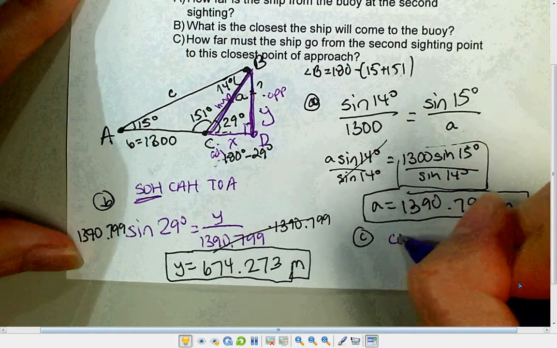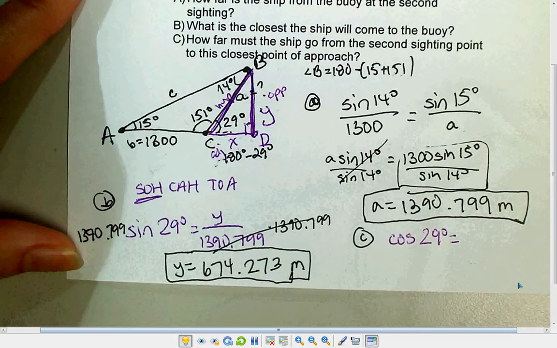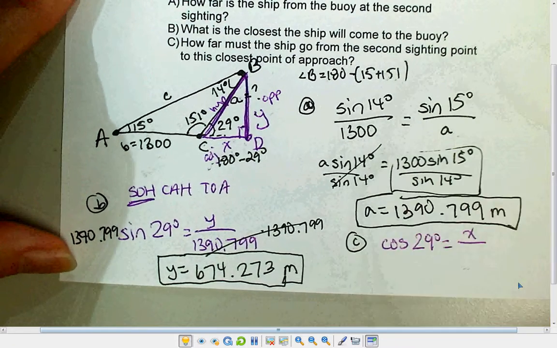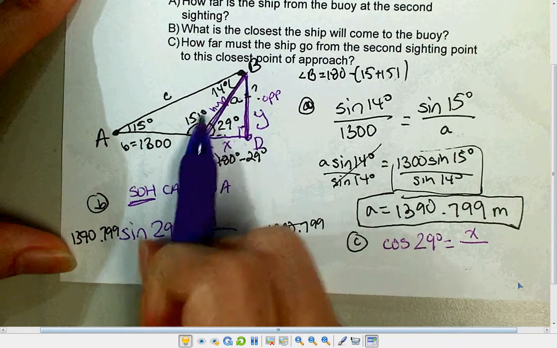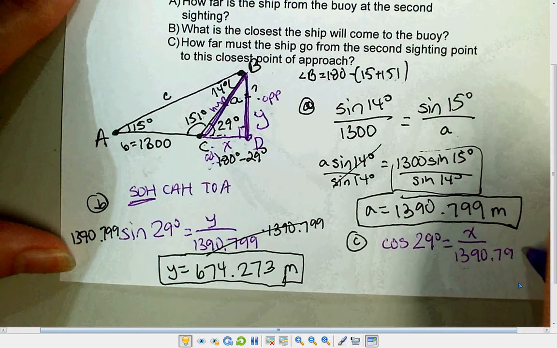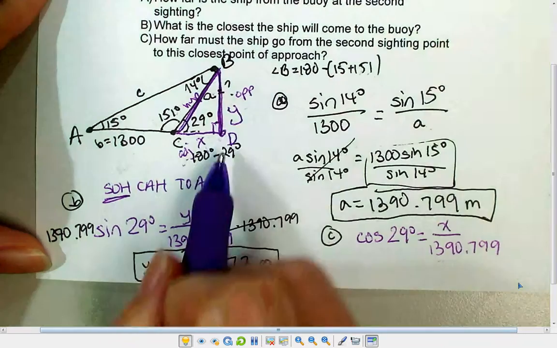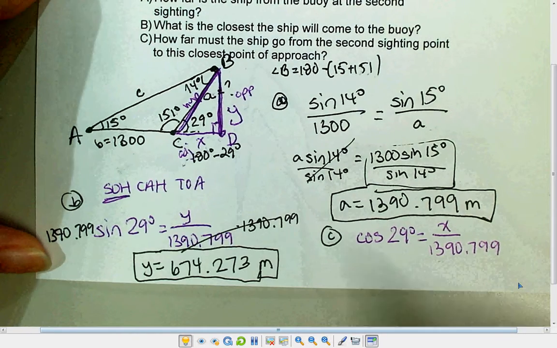So with adjacent, now I'm going to use cosine instead of sine. So cosine of 29 degrees equals adjacent, which is X over, my hypotenuse is still the same thing, it's this length for A. We're going to do the exact same thing we just did, but now solving for the bottom side instead of the one on the right.